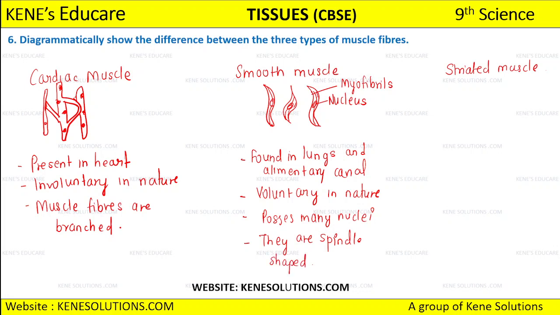Now the third type that we have is striated muscle. Now see how striated muscles look like. You have to show the nucleus outside. Okay. And अंदर आप ऐसे striations भी दिखाओगे.